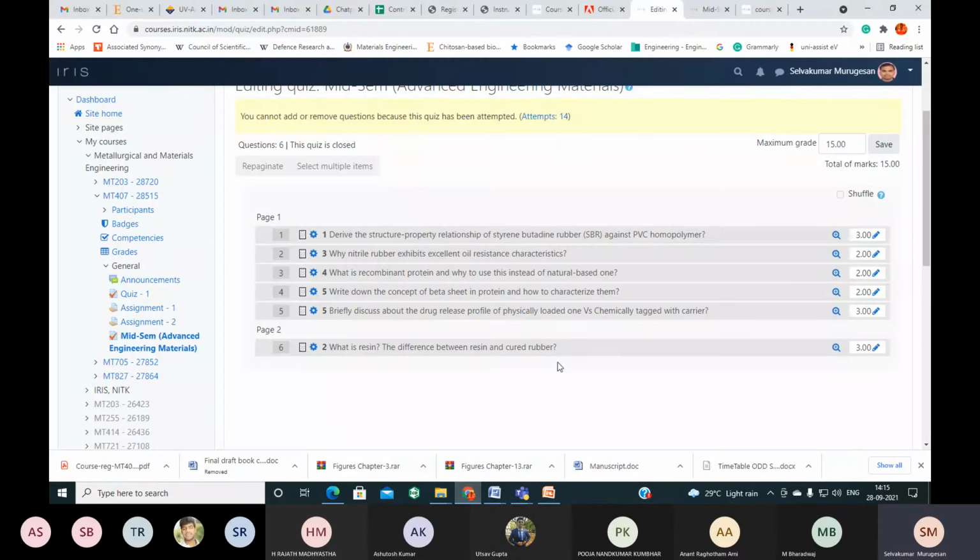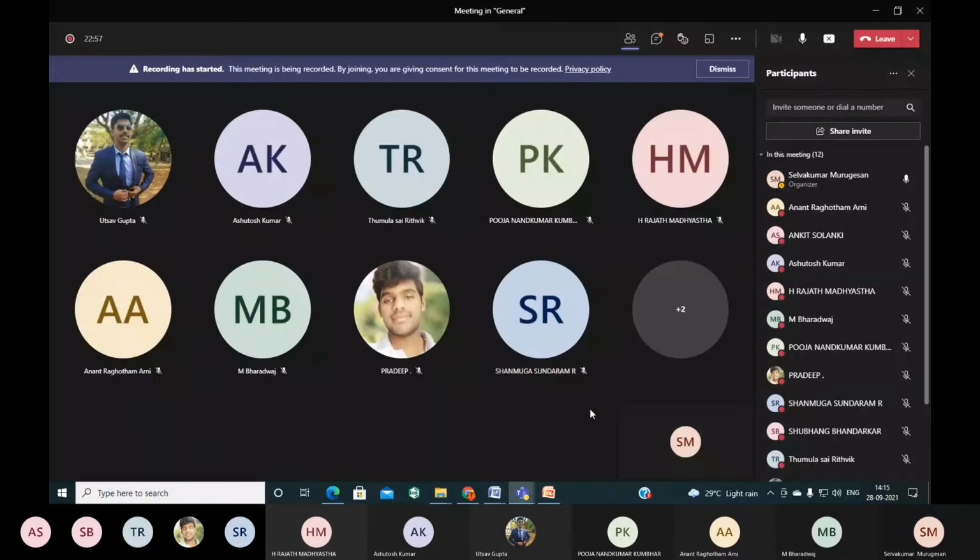And then, briefly discuss the drug release profile of a physically loaded drug and one chemically tagged with the carrier. So what's the difference? See, both are going to release, no doubt. So now the second question: how do both get released?